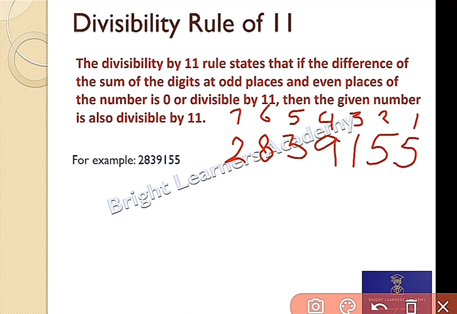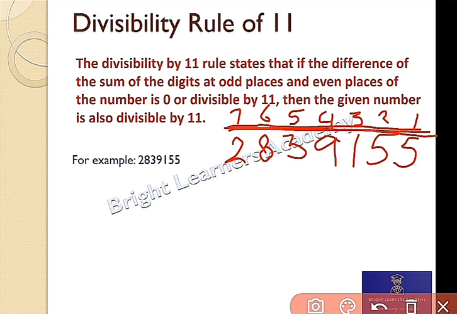First of all we have to add the digits which are at even places. These are the places which I have given them. So the first step is to add the digits at even places. 2, 4, 6 are even numbers.